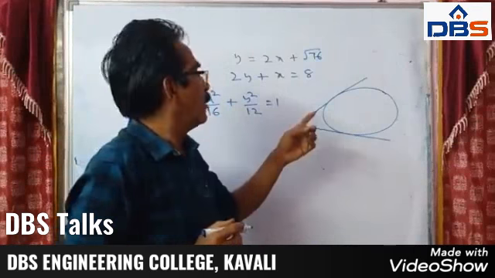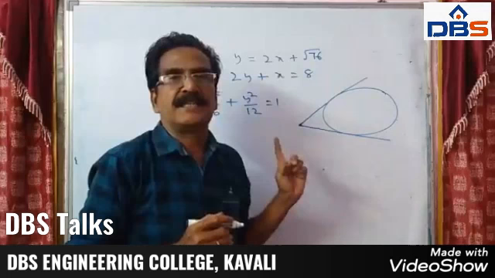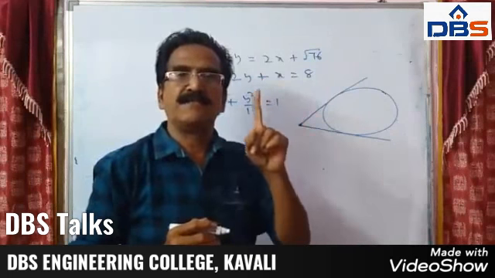The problem says this point of intersection lies on a circle and we have to find the equation of that circle.